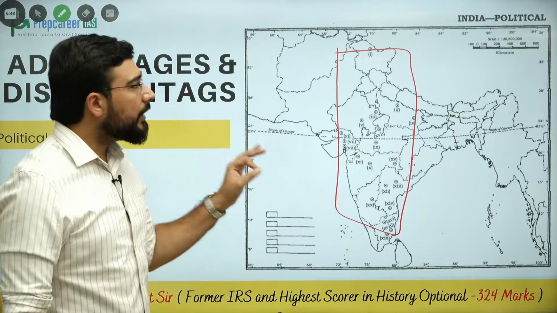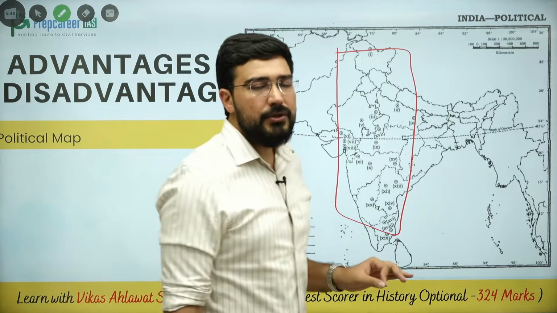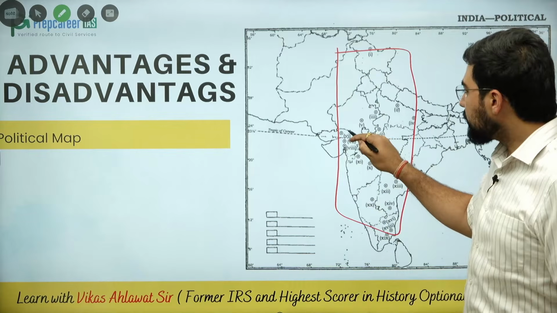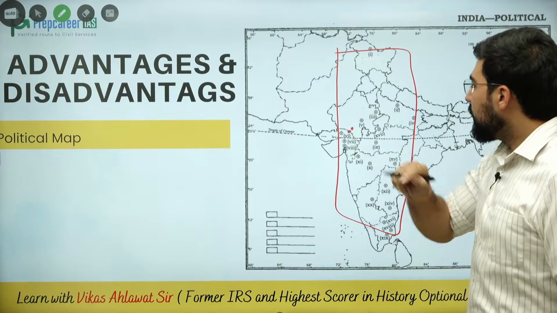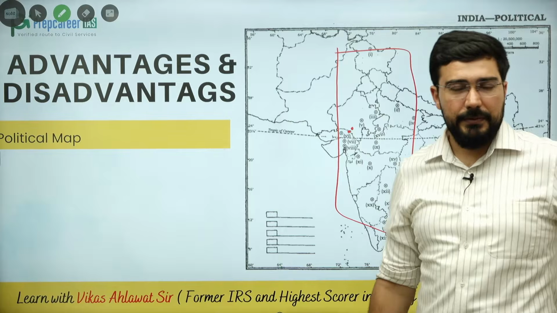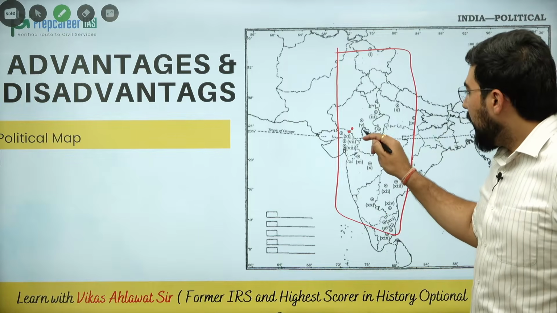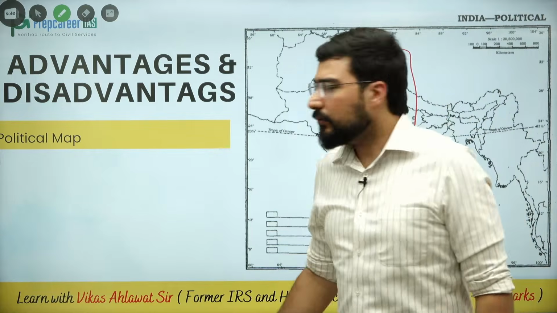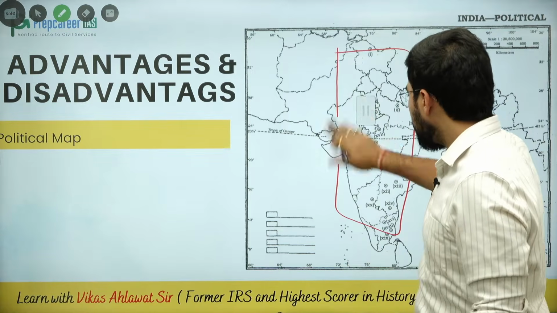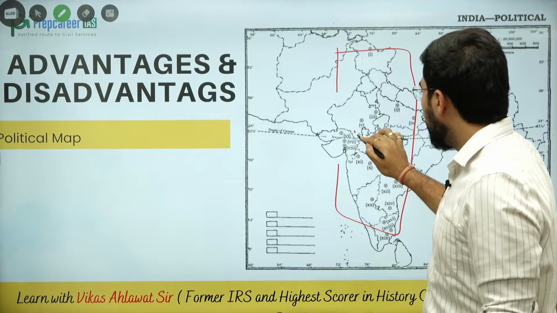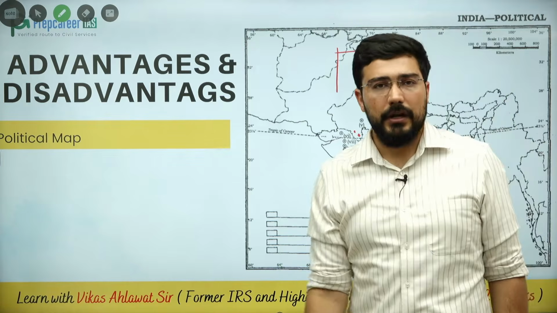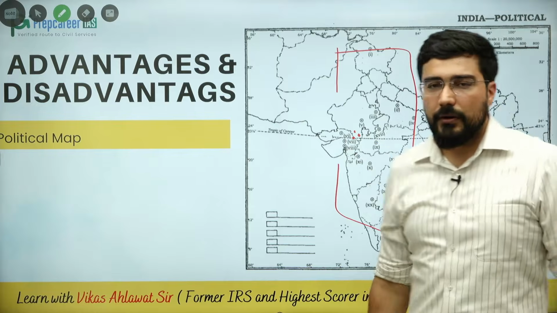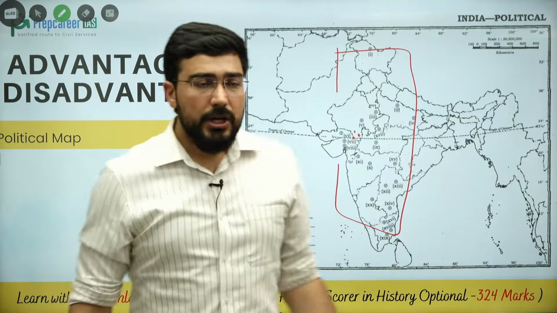In the political kind of map, the biggest issue that we face is this: suppose you know two sites, and both belong to one state, say two sites in Rajasthan, but the point is located just at the boundary towards Gujarat.